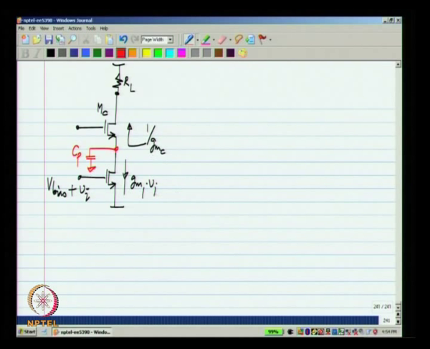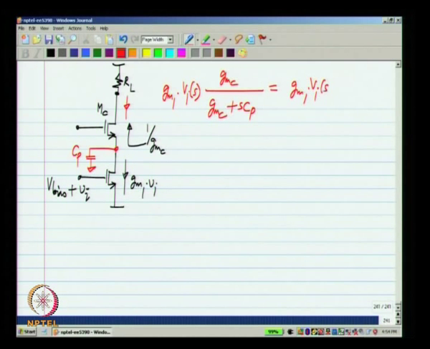So, the part that comes out of MC would be GM1 Vi of S, which is the total current, times the ratio given by impedance division, which is GMC by GMC plus SCp, which can also be written as GM1 Vi of S times 1 by 1 plus SCp by GMC.